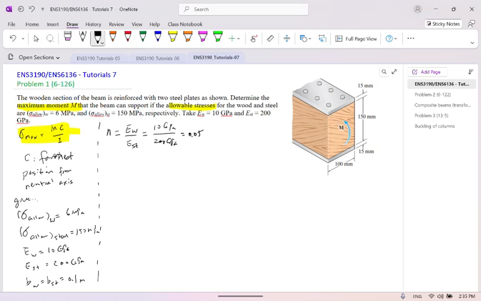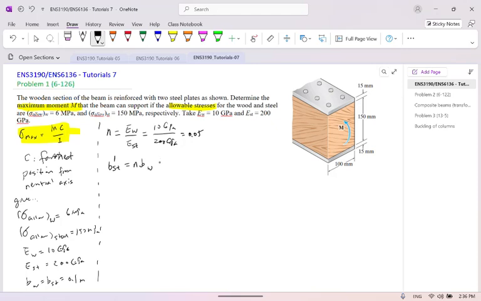Now we should work on the next step: the width of the transformed part. So we work out b prime steel. Remember, this is not real steel, it comes from the transformation. It should be equal to n times b wood. Is it clear? In previous examples, many students put it as b steel, which is wrong.